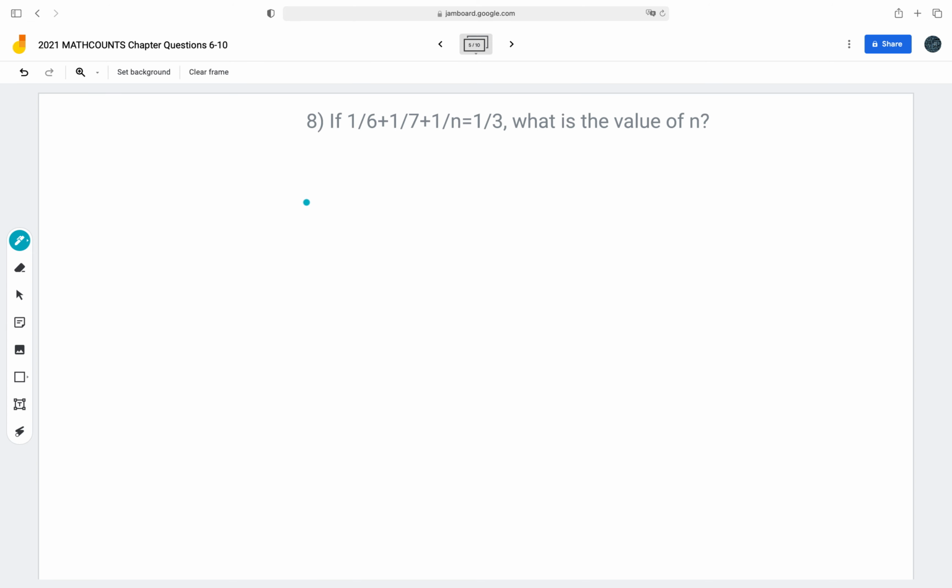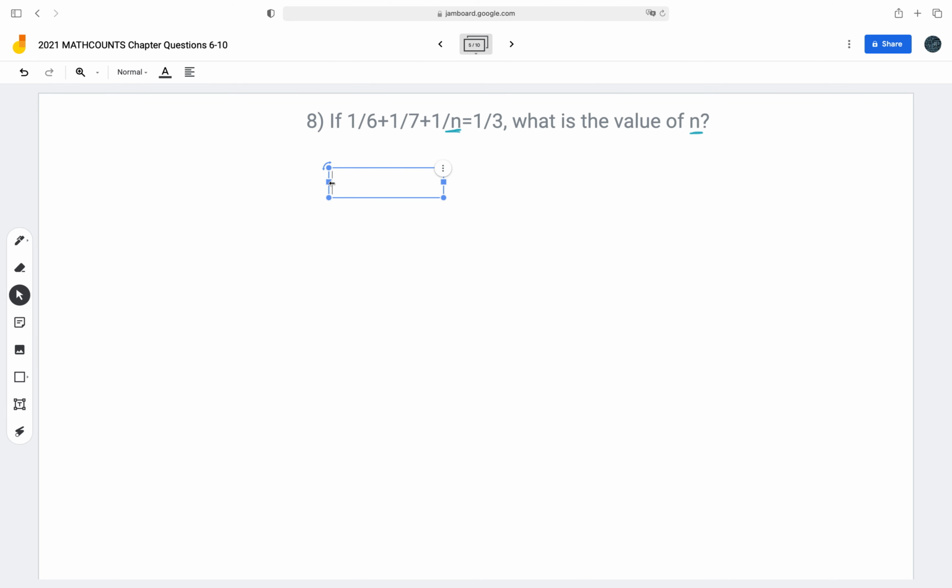Okay. If 1/6 plus 1/7 plus 1/n equals 1/3, what is the value of n? So we want to find n, which is here the denominator of the 1 over something. When I do these problems, I just try to get them all in one denominator. So let's convert it.